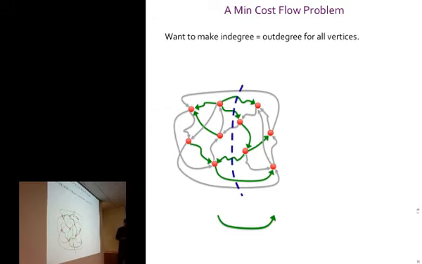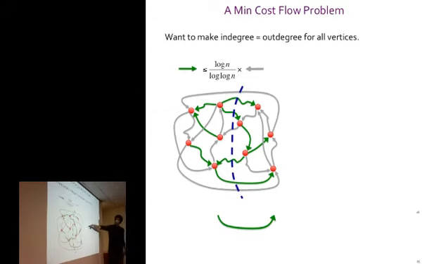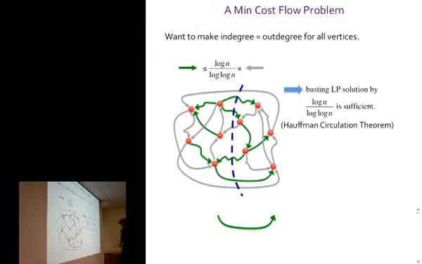By what I just said, we know that for each cut, the number of green edges from left to right is at most log n over log log n of the number of gray edges from right to left, because we are at most log n over log log n more than the other. So by Hoffman's circulation theorem, all we need to do is to just boost the LP by log n over log log n.